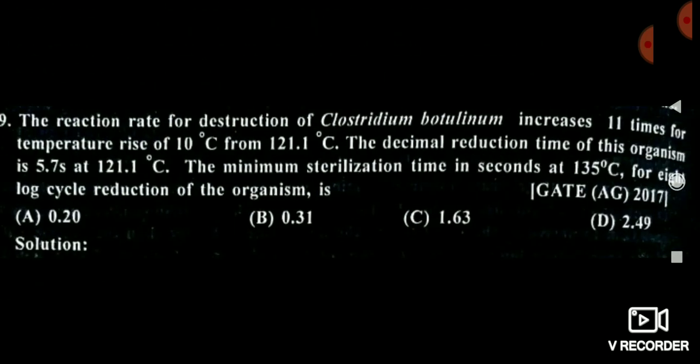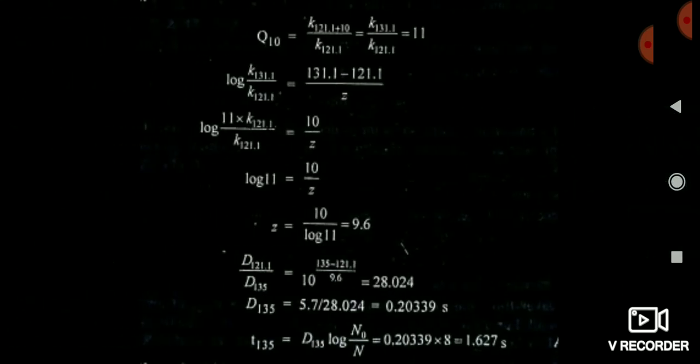First thing friends, you should calculate the Z value, because different temperatures are given, so we have to calculate the D value at 135 degree centigrade. So our first work is going to be to calculate the Z value. You see here, friends, I have told you the relation for K1 K2: log base 10 K1 by K2 is equal to T1 minus T2 by Z. For D1 D2 also I have told you the relation.